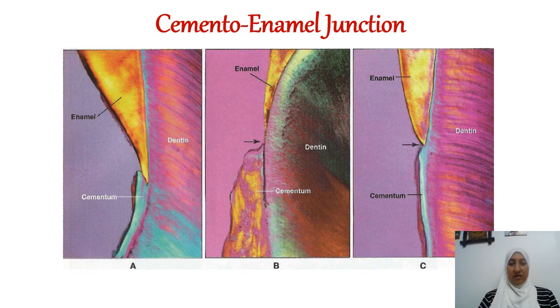These are other views for the different cemento-enamel junctions, with edge to edge or bare dentin. By the way, case A here represents afibrillar cementum, while case C shows an edge to edge cemento-enamel junction.